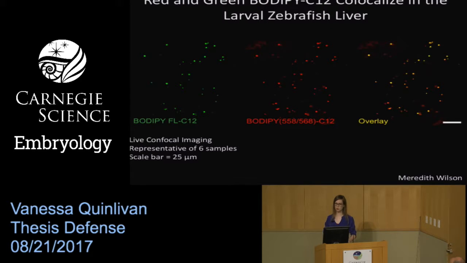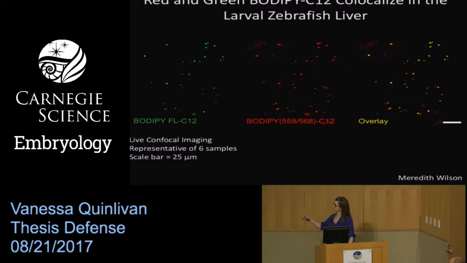So, in order to investigate the effect of different colors of fluorescent tags on the metabolism of fluorescent fatty acids, this is an experiment that Meredith Wilson and I did together, and here you can see lipid droplets in the larval zebrafish liver. So in this experiment, Meredith took green and red fluorescent labeled C12 fatty acid and fed it to larval zebrafish in an egg yolk at the same time, and did live confocal imaging of the liver.